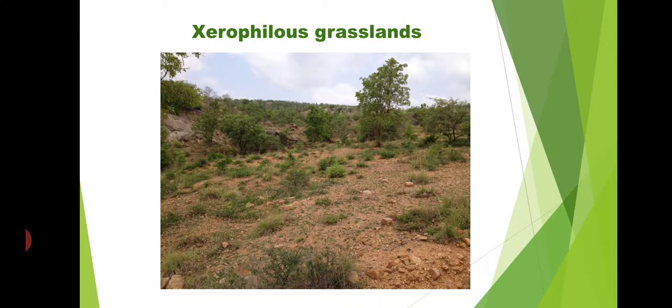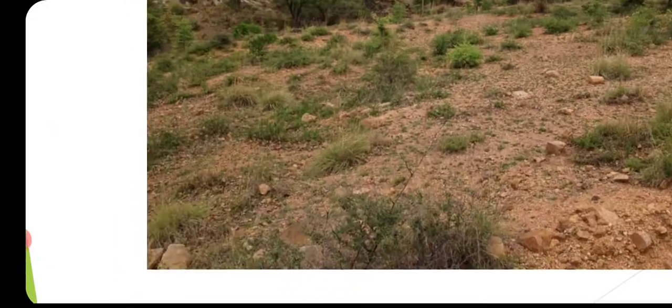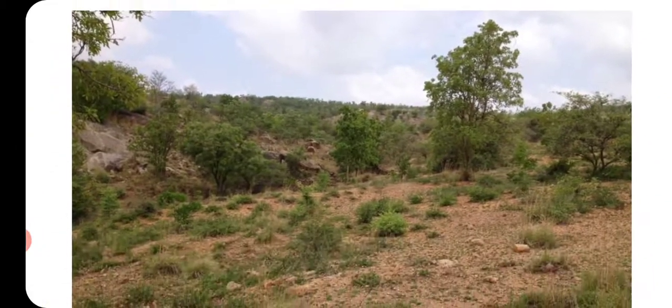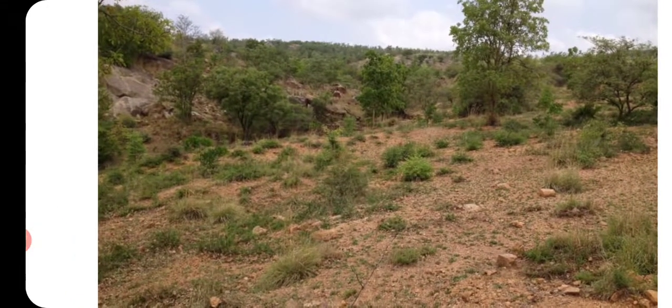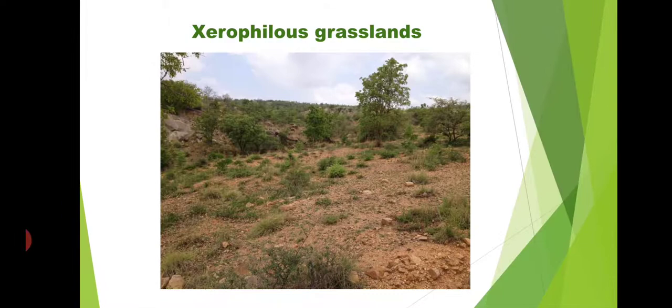And this photograph explains it: we can see a dry area with desert grass types. These are xerophilous grasslands, and the common species are Andropogon and Cenchrus species.